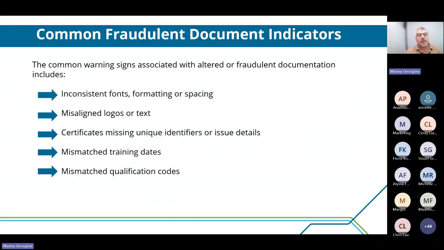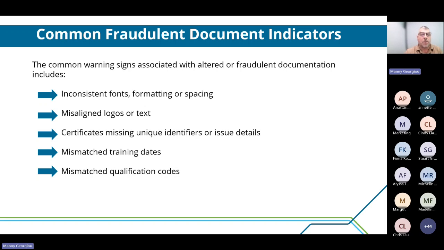So some of the things that Service Desk look for, and myself and some of the other QA people at MTA look for, are inconsistent fonts, inconsistent formatting, inconsistent spacing, misaligned logos. In some instances, we've had certificates missing unique identifiers.